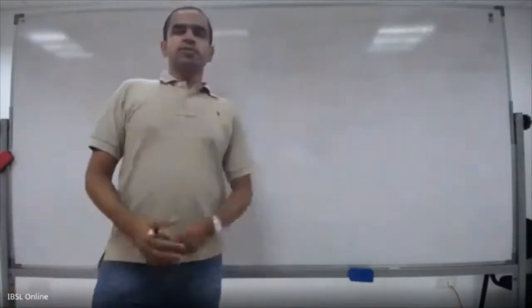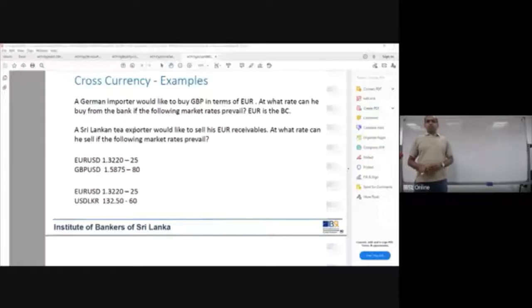A German importer would like to buy sterling in terms of euro. At what rate can he buy from the bank if the following market rates prevail? Right, he's a German importer, he wants to buy sterling.